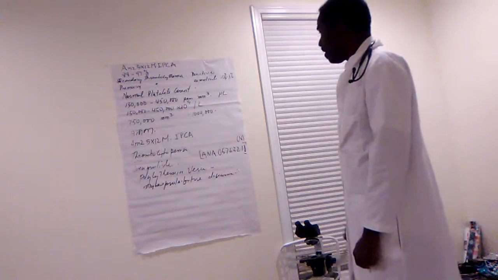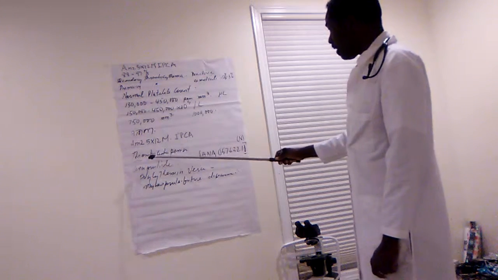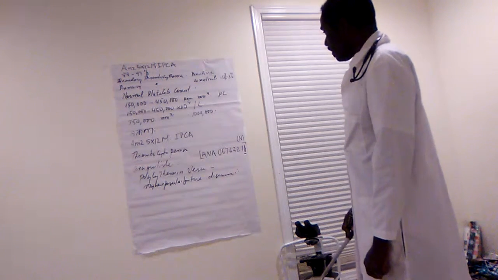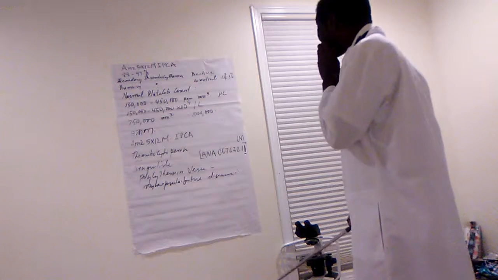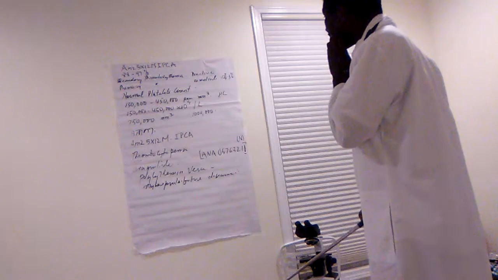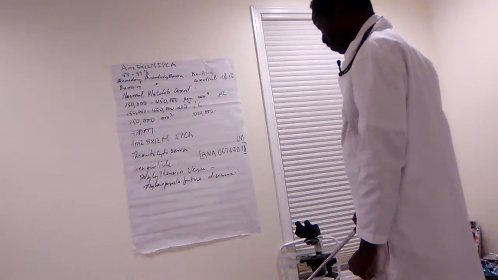So once again, this is a brief review of our thrombocythemia or thrombocytosis. We'll next try to elaborate or expand on thrombocytopenia and other hematologic disorders. And then we move on to other fields of medicine, not only in hematology, but in other fields.